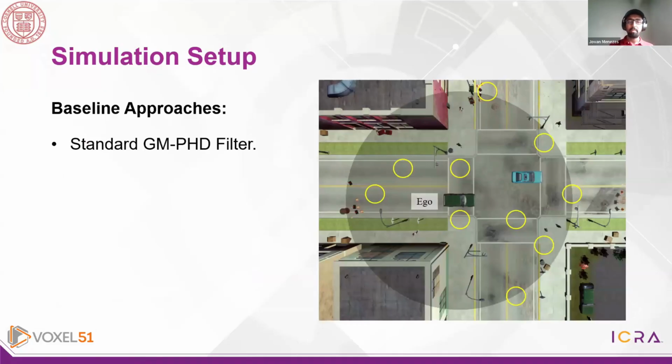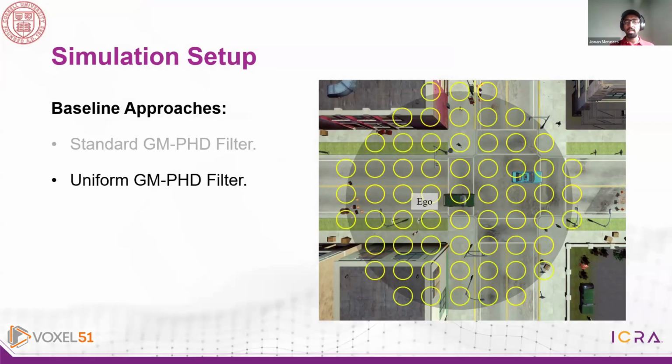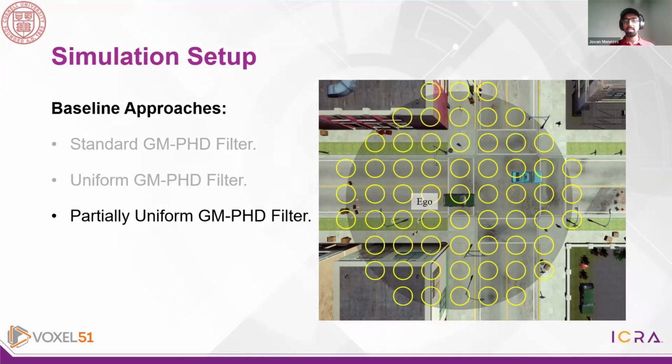To compare our approach, we use multiple baseline approaches. One is the standard Gaussian mixture PHD filter, wherein we need a priori information to define the birth hypotheses. As expected, this may not always be available for a dynamic application such as autonomous driving. Then we have the uniform PHD filter, where we just uniformly distribute the birth hypothesis over the entire sensor field of view. This is extremely computationally inefficient and can result in a lot of missed tracks.